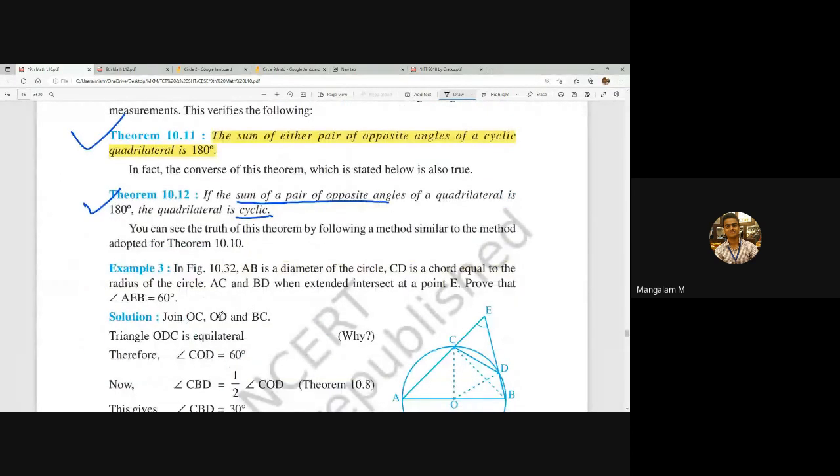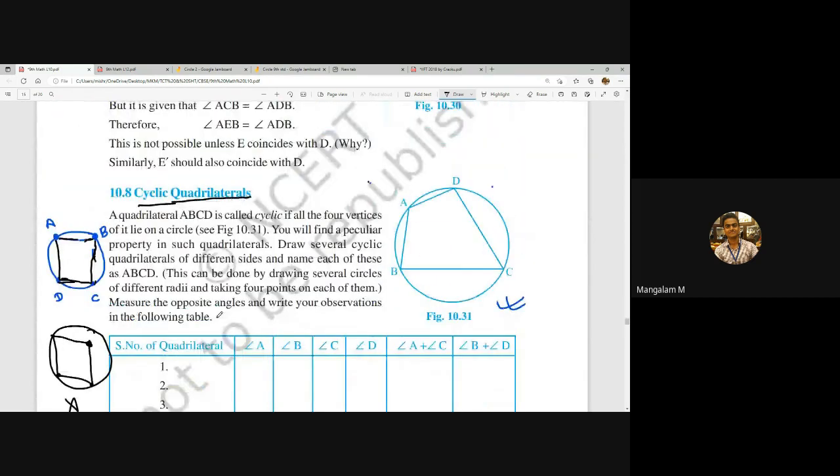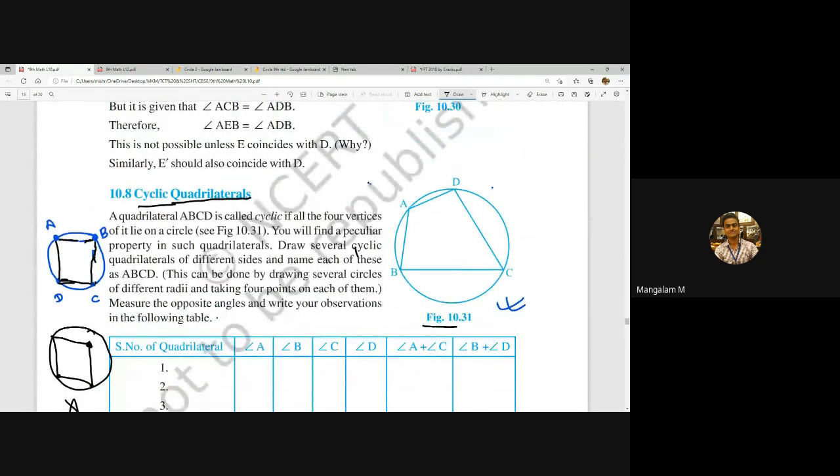Now let us move to the theorem. I'm going to just recap what we have learned in the earlier classes. After that, we will discuss some questions. Theorem number one: the sum of either pair of opposite angles of a cyclic quadrilateral is 180 degrees. Let us come to figure 10.31.